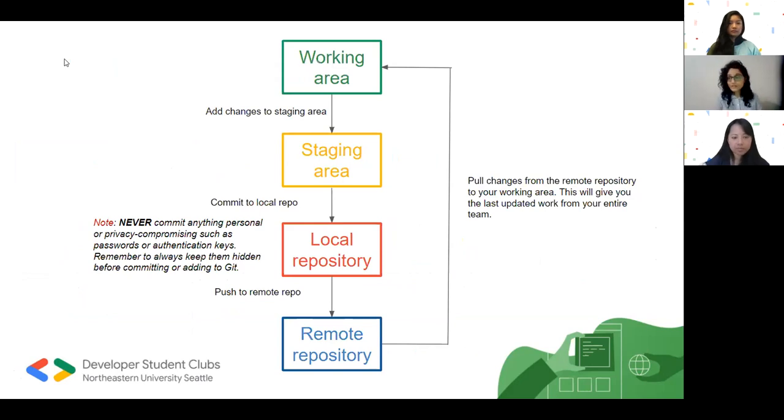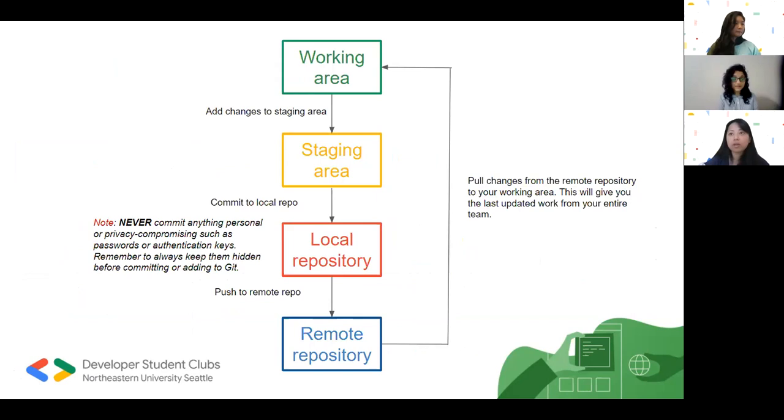So start all of your work in your working area, which again is your local IDE, anything like IntelliJ or PyCharm. Once you create and modify those files, you need to log or add that as a change or update to the previous version of your work. Those changes are then added to the staging area. From the staging area, you need to commit your changes to your local repository.